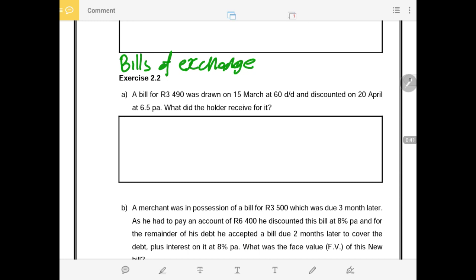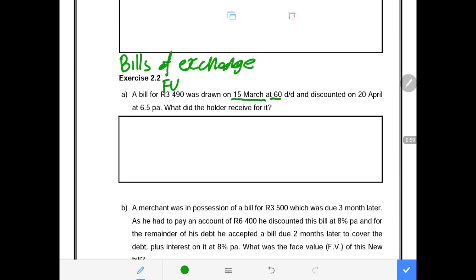Now let us read the first one. It says a bill for 3,490, and we know that this is the face value of the bill, not the future value. This bill was drawn on the 15th of March at 60 DD.